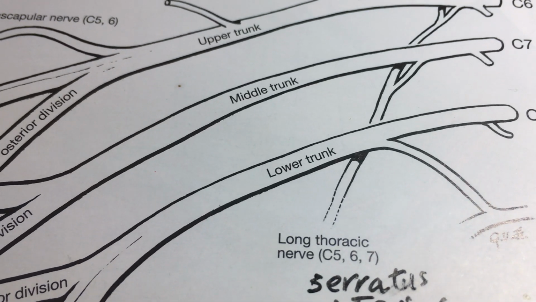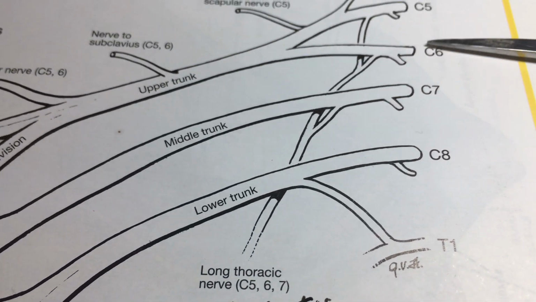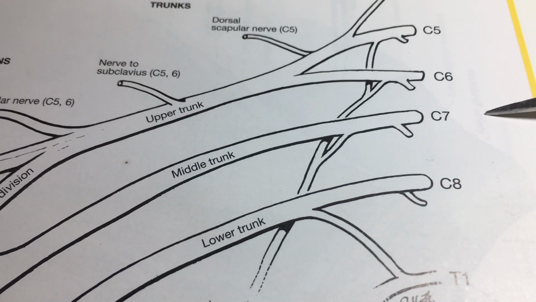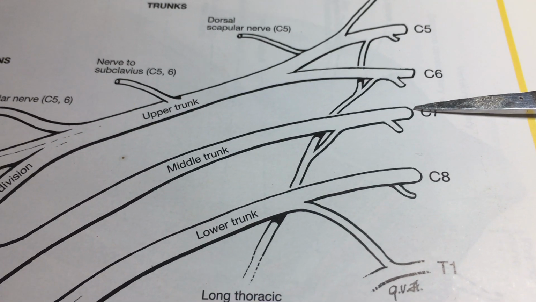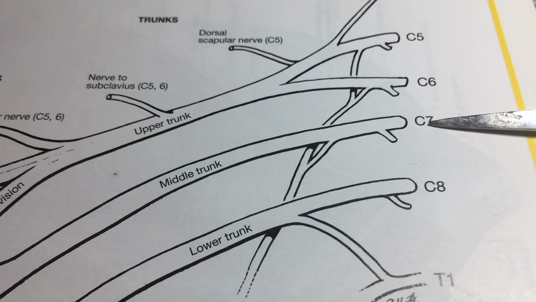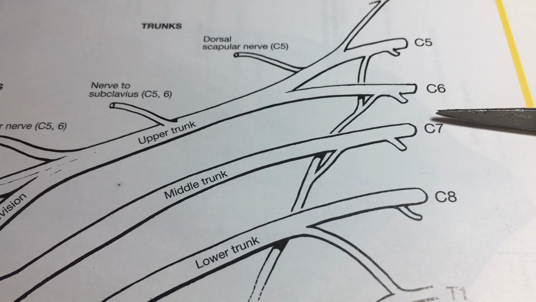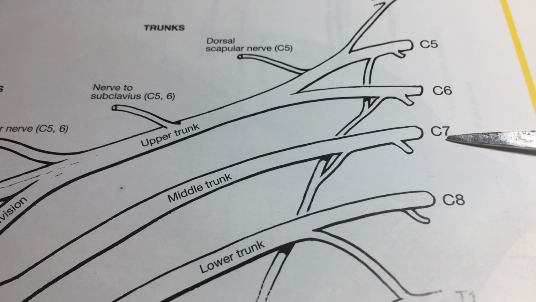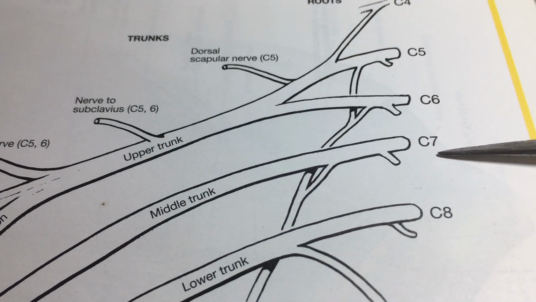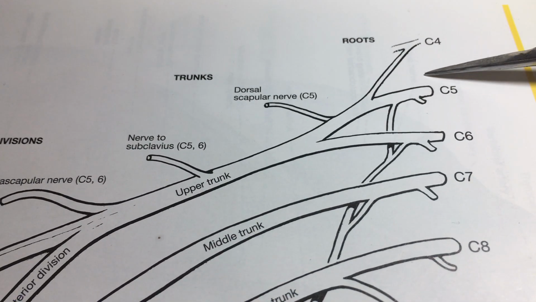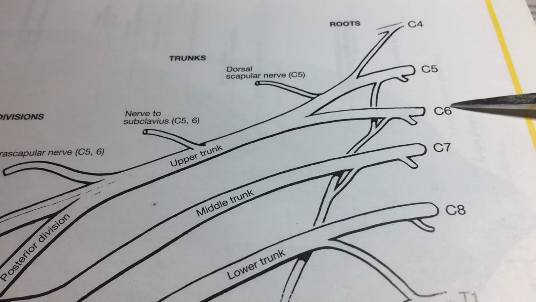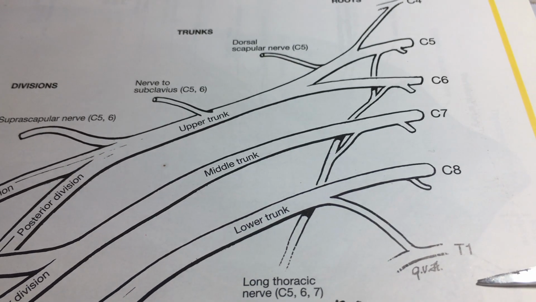So I need you to think to yourself that we have a vertebral column over here. We have a spinal cord. We have the spinal nerve emerging through the intervertebral foramen. And then immediately we're going to have division between the anterior and posterior divisions, branches of the spinal nerve. These are all anterior branches of spinal nerve C5, 6, 7, 8, T1.